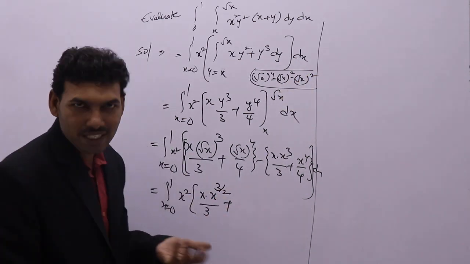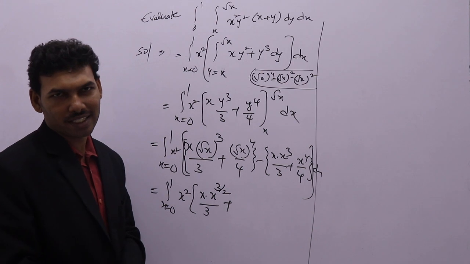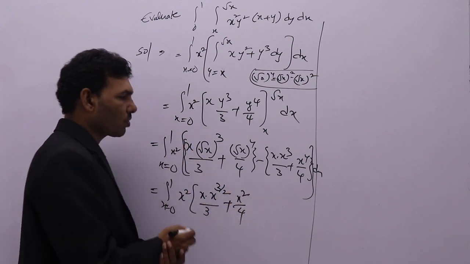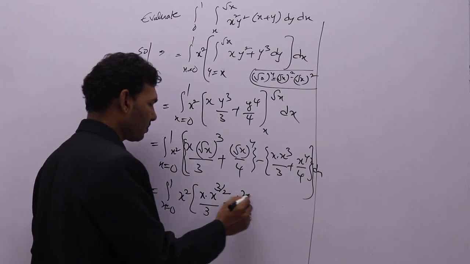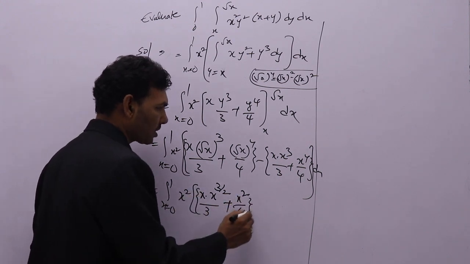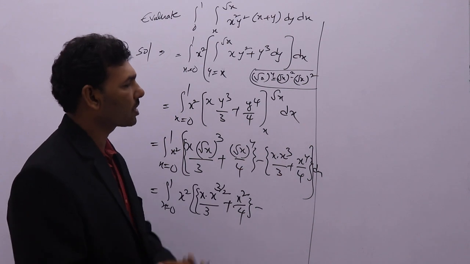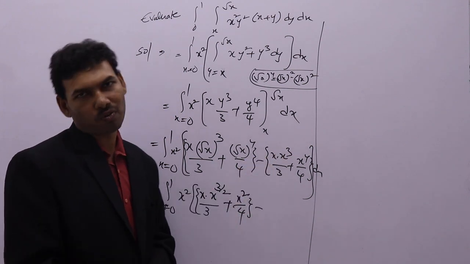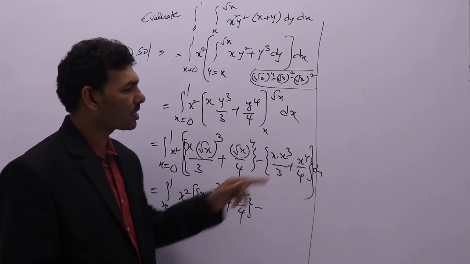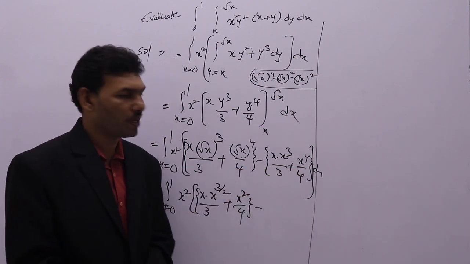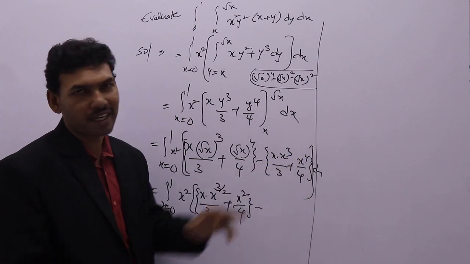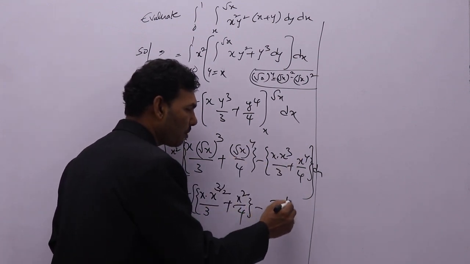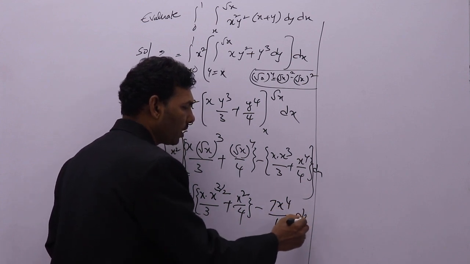(Root x) whole square is x, so x into x is x square. That's why here we will have x square by 4, minus x square into x cube, x power 5. Then you can take 12 as the LCM. If you take 12 as the LCM, what happens? 4x power 4 plus 3x power 4, 4 plus 3, 7x power 4 by 12 dx.